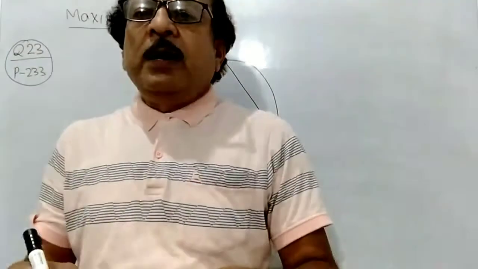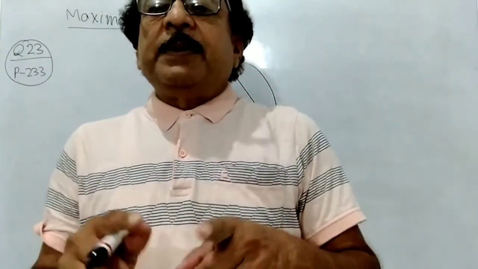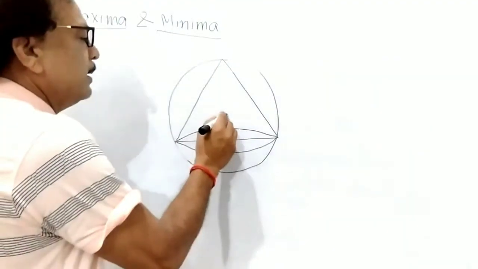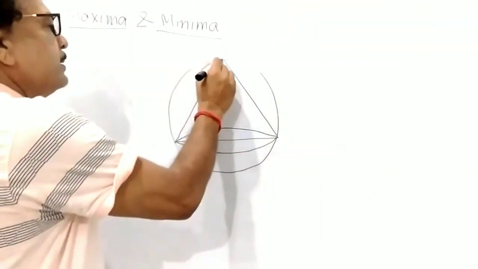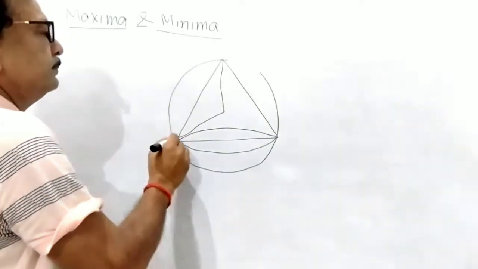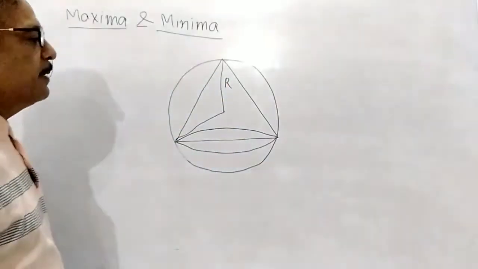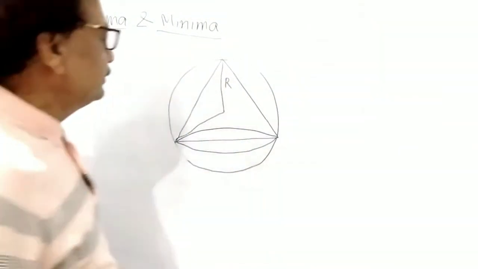The volume of the largest cone that will be inscribed in a circle of radius r. The radius of this circle is given.